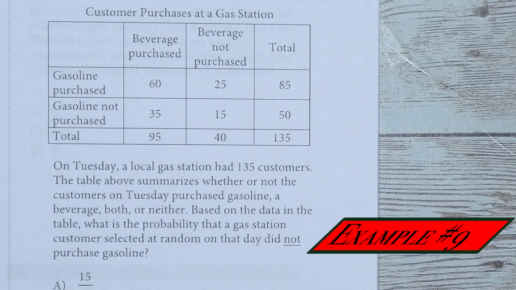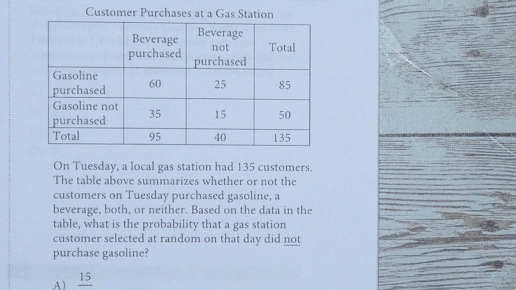On Tuesday, a local gas station had 135 customers. The table above summarizes whether or not the customers on Tuesday purchased gasoline, a beverage, both, or neither. Based on the data in the table, what is the probability that a gas station customer selected at random on that day did not purchase gasoline?